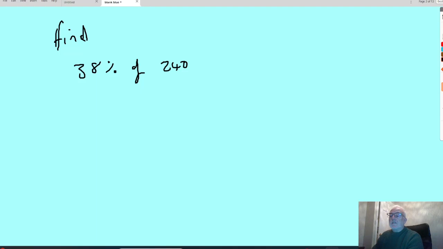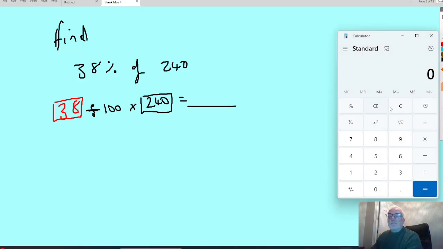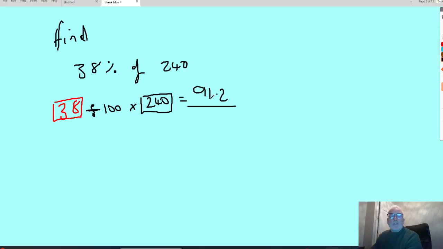If we imagine what we've done, we're going to put our percentage, and use our normal formula of divide by 100 times by 240, the number they give me in the question, and that's going to give me my answer. So 38 divided by 100 gives me 0.38, times by 240 equals 91.2.